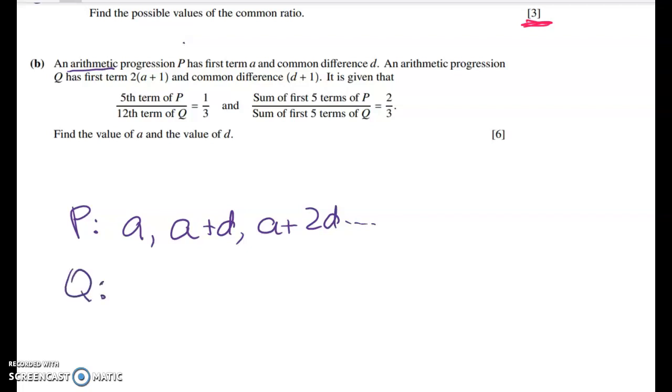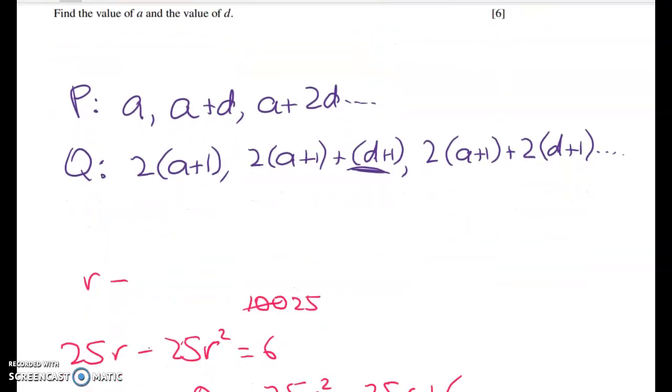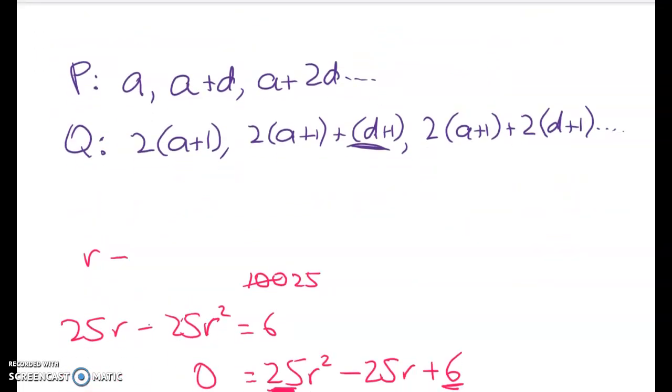Sequence Q has a first term of 2 times A plus 1, and a common difference of D plus 1. So it's 2 times A plus 1, plus D plus 1, and then 2 times A plus 1 plus two lots of that difference, and so on. If you've got a clear picture of that, then this question is not too bad.